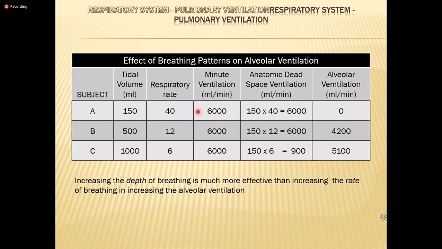Okay, and this is not normal. So increasing the depth of breathing is much more effective than increasing the rate of breathing when you would like to increase your alveolar ventilation. So this is what happens in athletes to increase their alveolar ventilation.